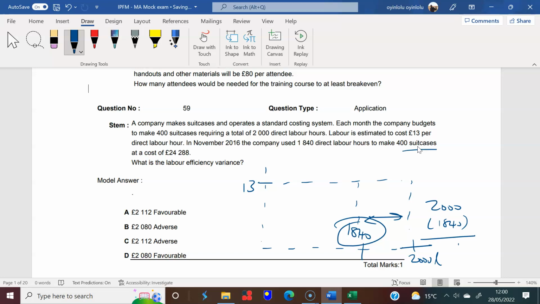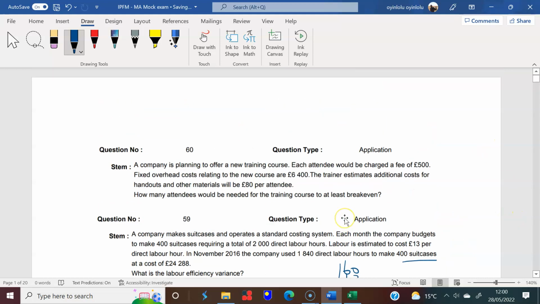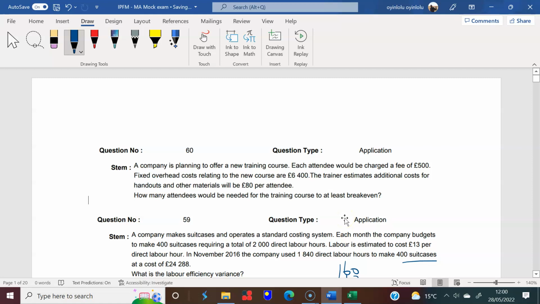So purely on efficiency, that is a 160-hour saving. So we cost that at the standard cost. The 160 times 13, which is 2,080, favorable because you have used less labor than you should have, right?